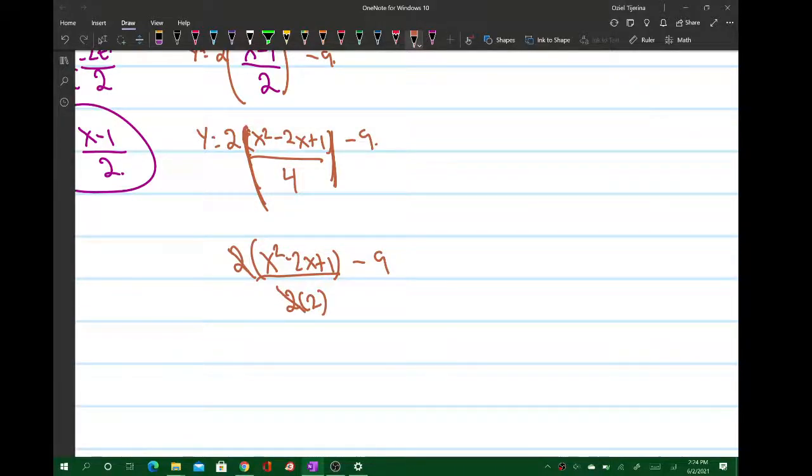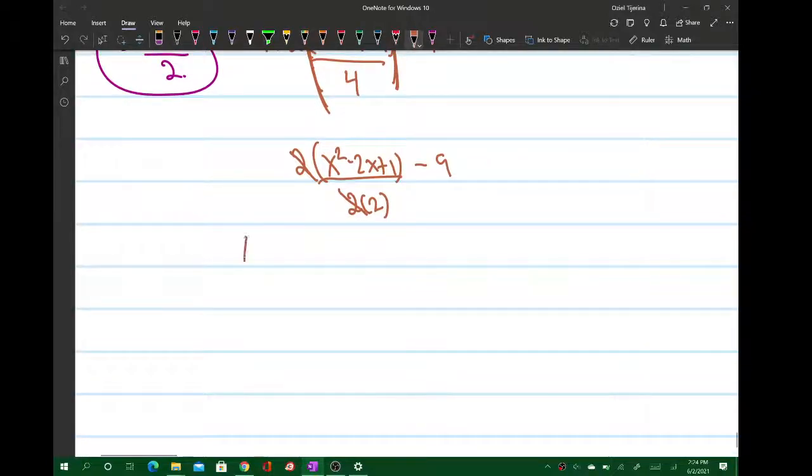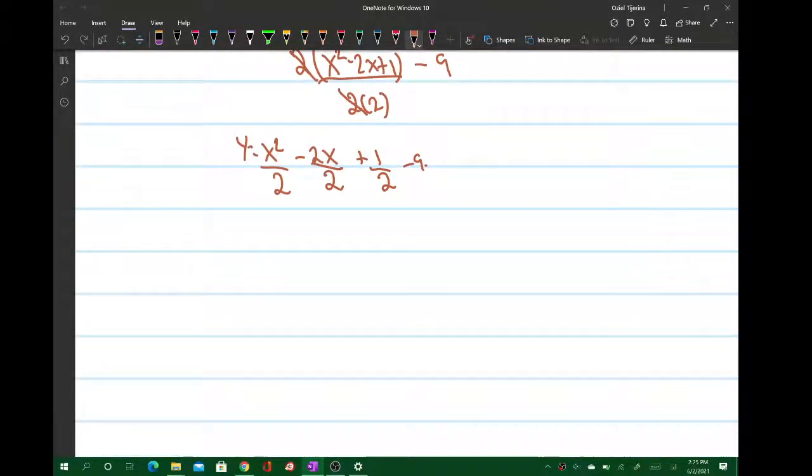So then I can say the following, that y equals x squared over 2 minus 2x over 2 plus 1 over 2 minus 9, and I can say y equals x squared over 2 minus x plus 1 over 2 minus 9. So basically, I can make the 9 have the same denominator.